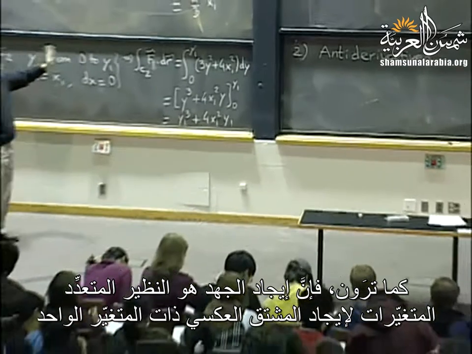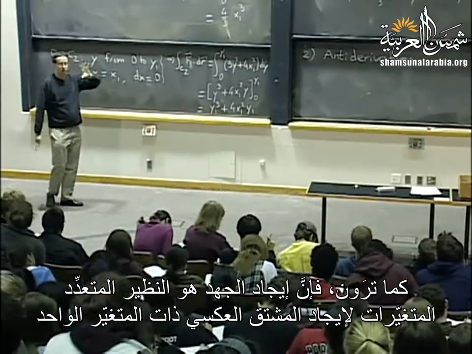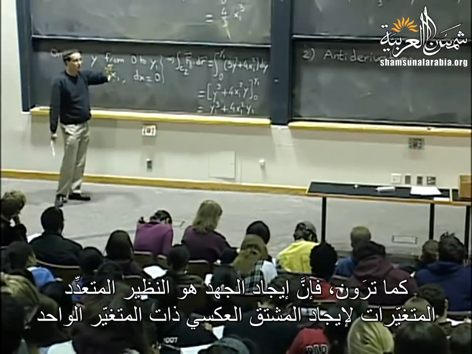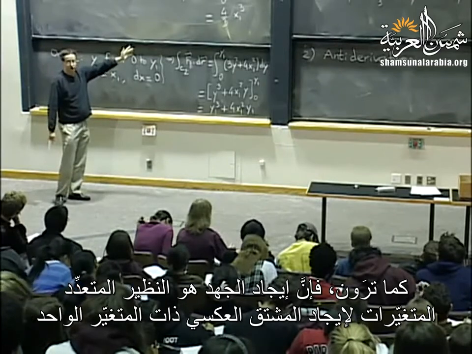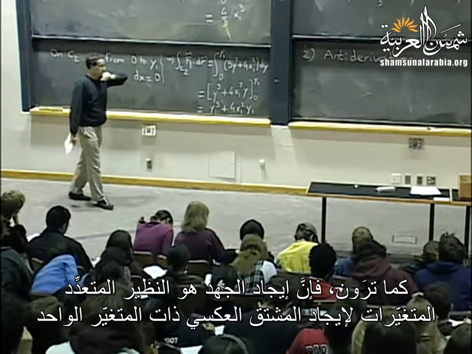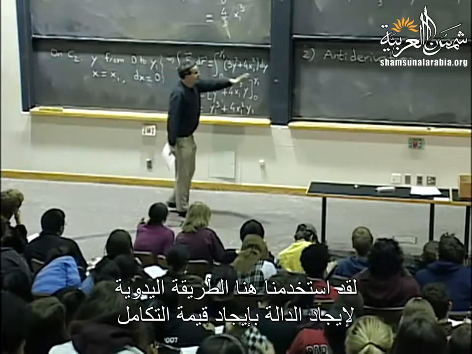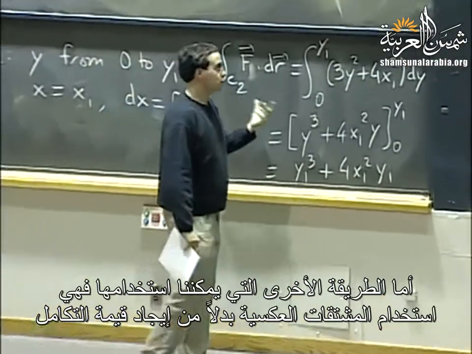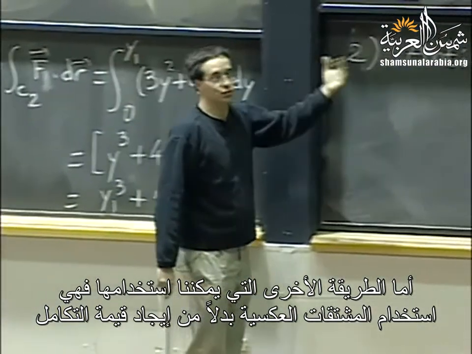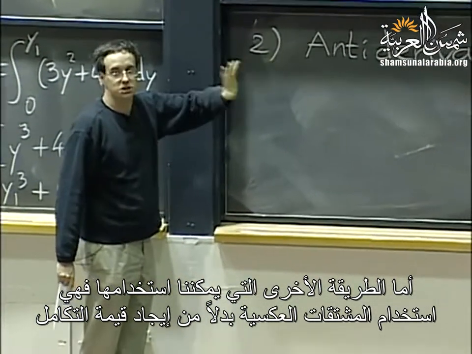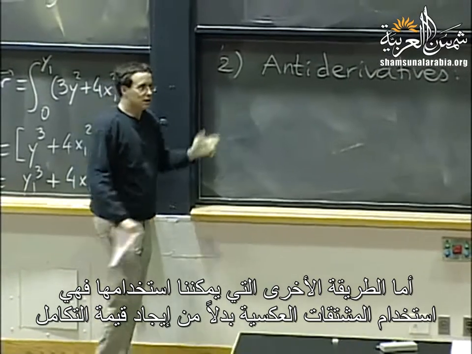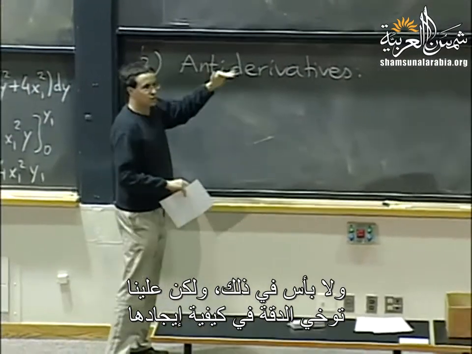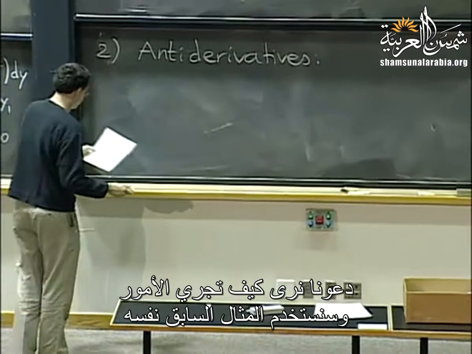And you see that finding the potential is really the multivariable analog of finding the antiderivative in one variable. So, here we did it basically by hand by computing the integral. The other thing you could try to say is, wait, I already know how to take antiderivatives. Let's use that instead of computing integrals. And it works, but you have to be careful about how you do it. So let's see how that works.